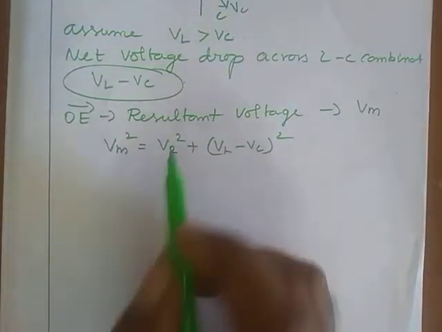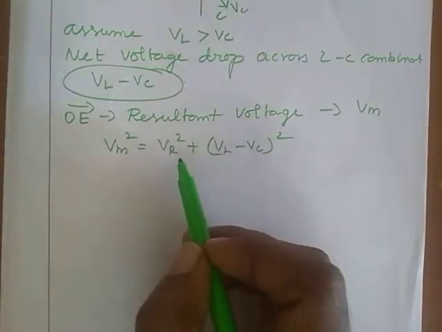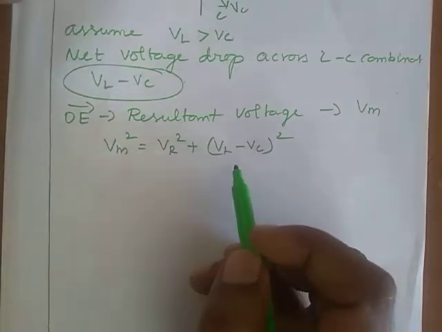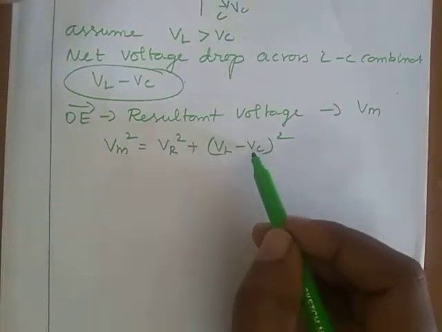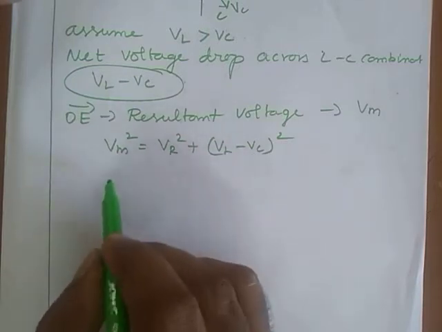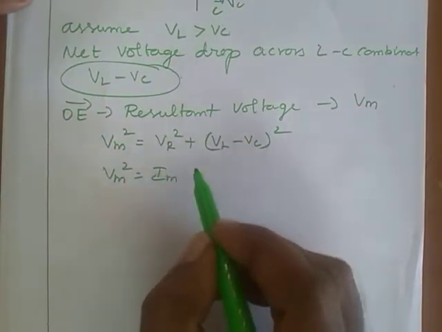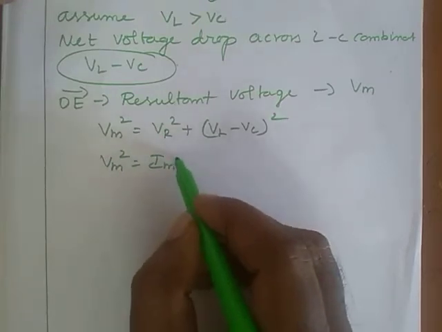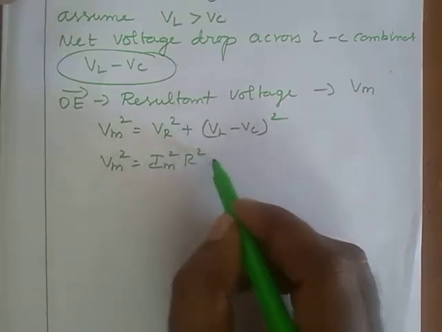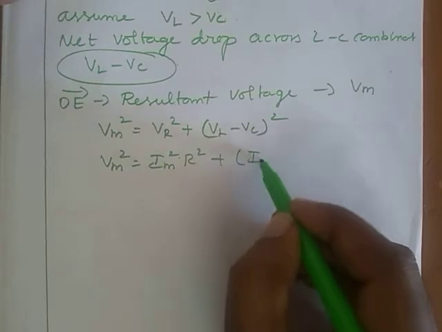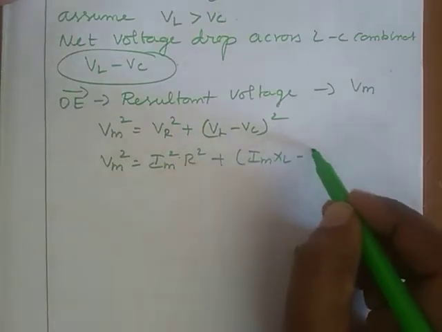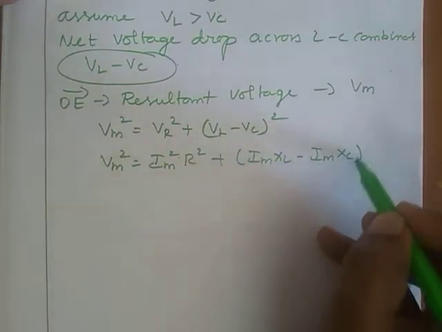Then we know VR is Im R, VL is Im XL, and VC is Im XC. Substituting these terms, we get Vm square is equal to Im square R square plus Im XL minus Im XC whole square.